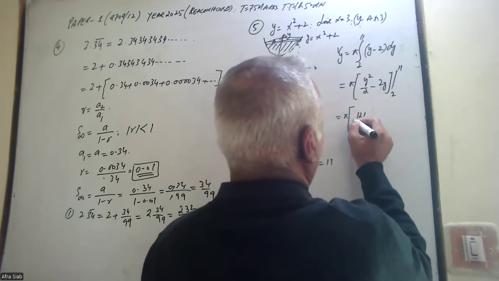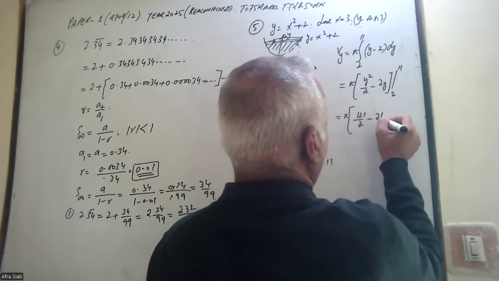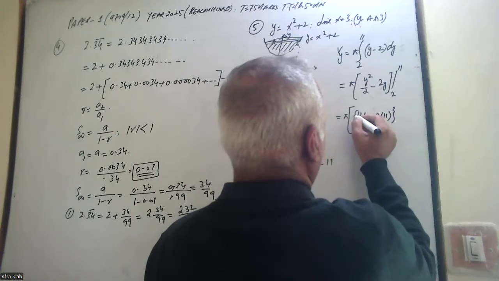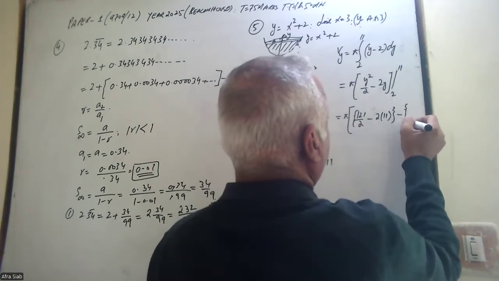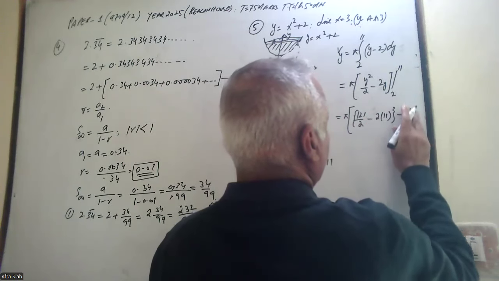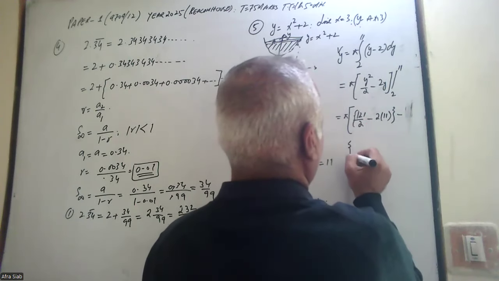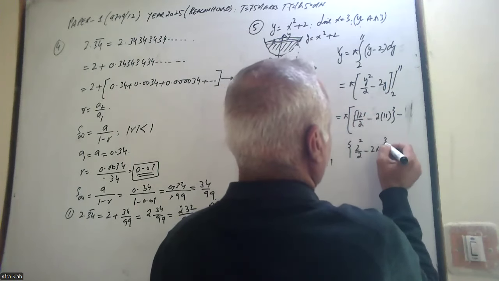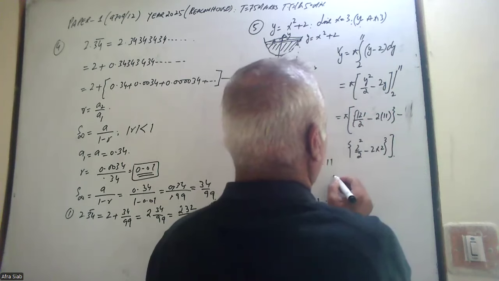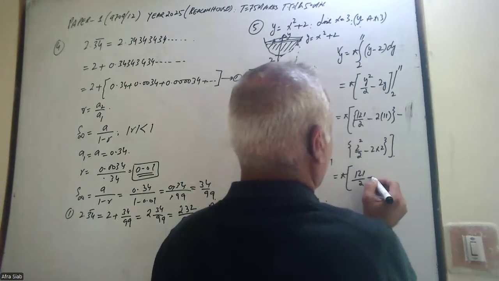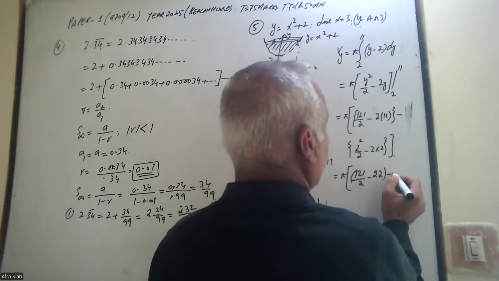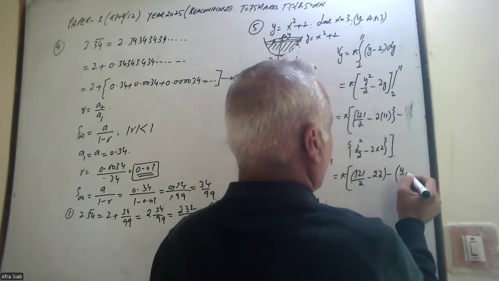So 11 square is 121 over 2 minus 2 into 11, minus 2 square over 2 minus 2 into 2. So this will be equal to pi into 121 over 2 minus 22, minus 4 over 2 minus 4.